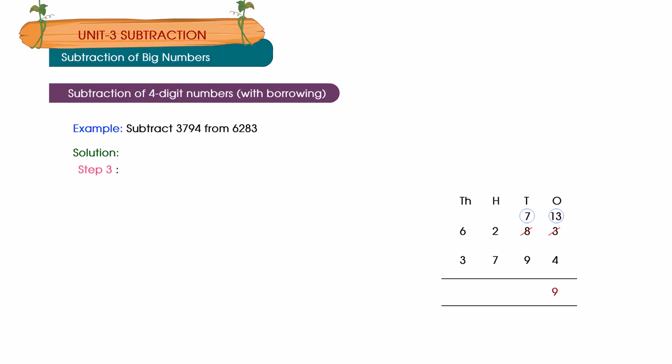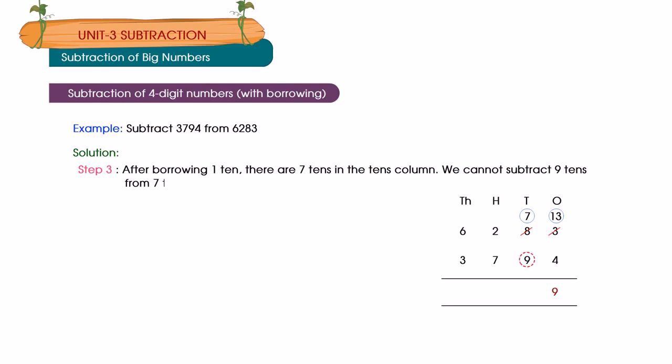Step 3. After borrowing 1 ten, there are 7 tens in the tens column. We cannot subtract 9 tens from 7 tens. We borrow 100 from the hundreds place.